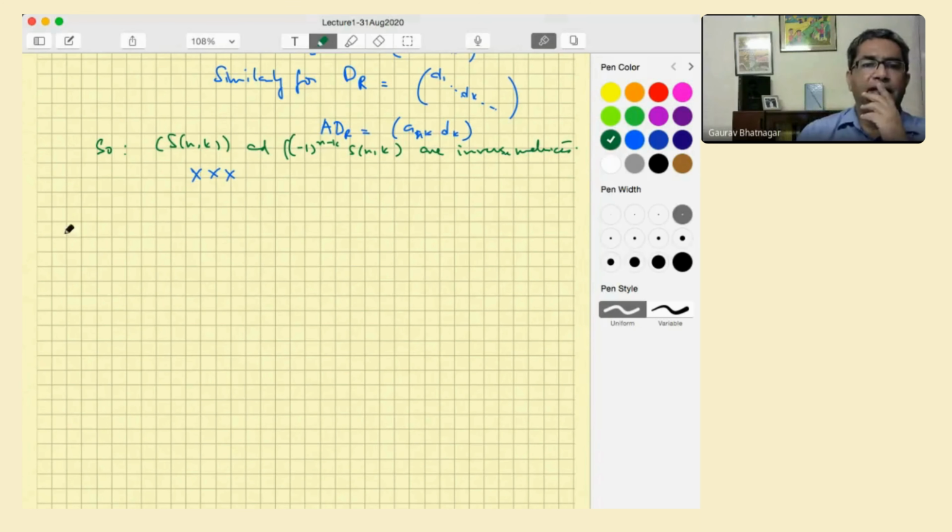So in general, this is also something very interesting. This implies what are called inverse relations.